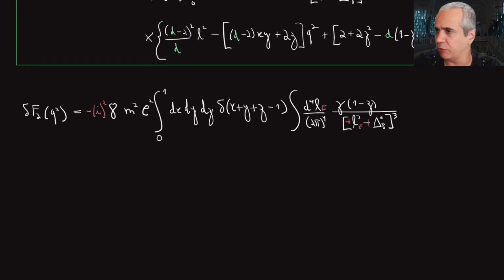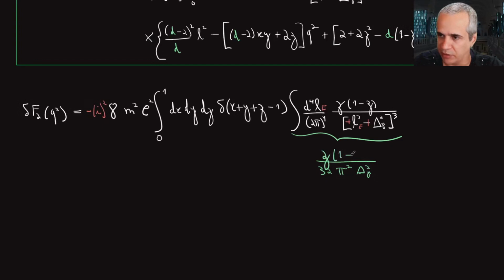And this integral we have done before. A few videos ago, we calculated this. This is just finite, and it's equal to 1 over 32 pi squared delta, to the power gamma squared. Of course, in this case, there's also the z times 1 minus z in the numerator, but that's not part of the integral, really. So using that, I can rewrite this guy in this way. We can cancel a lot of factors here.